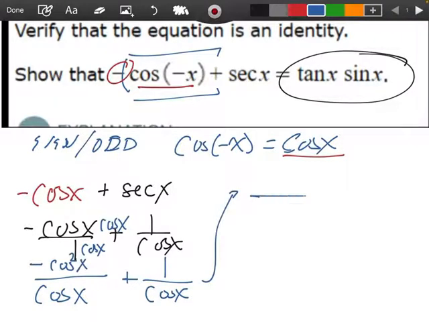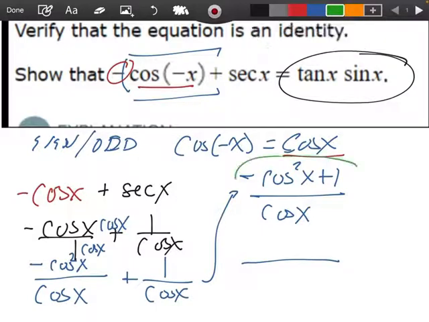And then what I'm going to do now is rewrite this as cosine x, and the top part, I'm going to write as a negative cosine squared x plus 1. I'm going to write this as 1 minus cosine squared x over cosine x. Let me go over to the next slide.